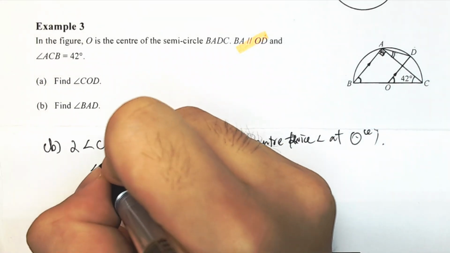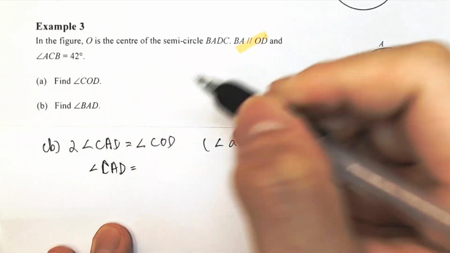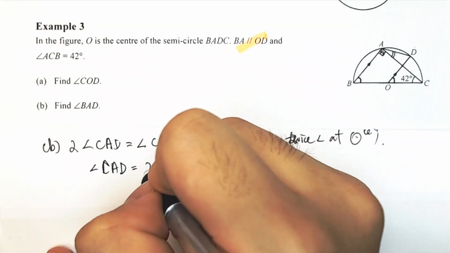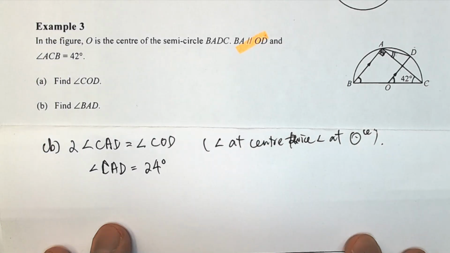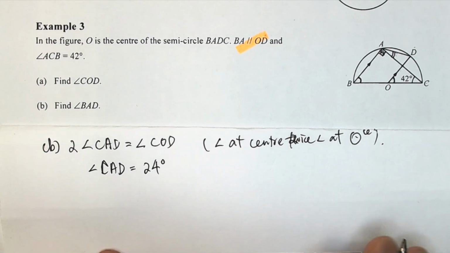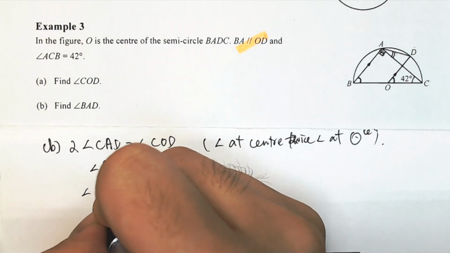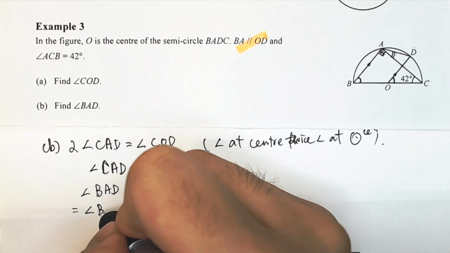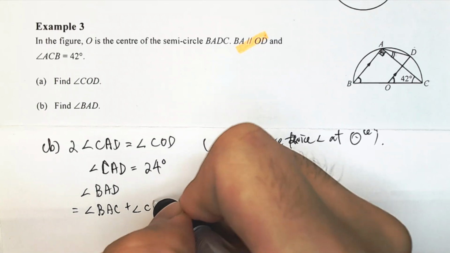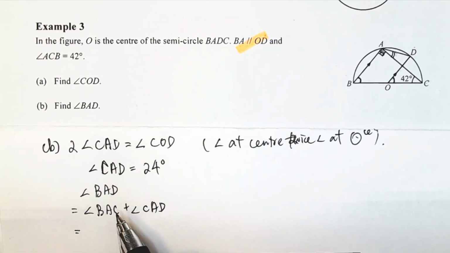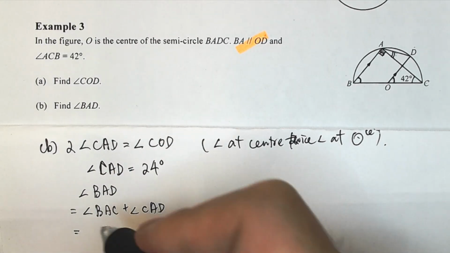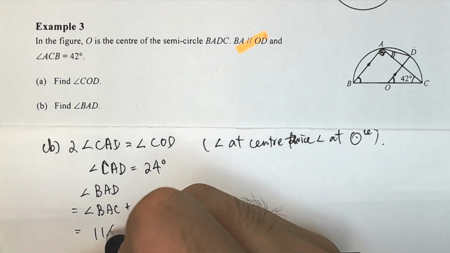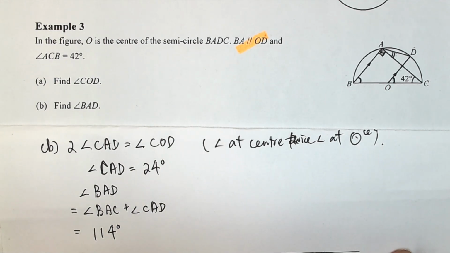So you know that angle CAD is 24 degrees. And angle BAD is the sum of two angles, angle BAC plus angle CAD. You know this is 90, this is 24, so the result is 114 degrees. Okay.